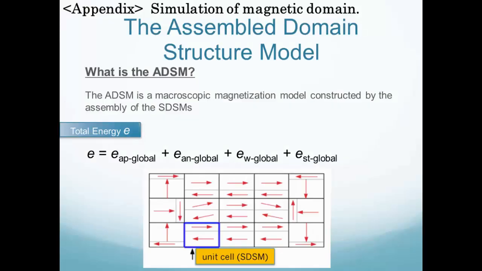I'd like to introduce magnetic simulation about this phenomenon. This is a collaboration with Professor Matsuo, Kyoto University, and his method of assembled domain structure model is applied to my element.